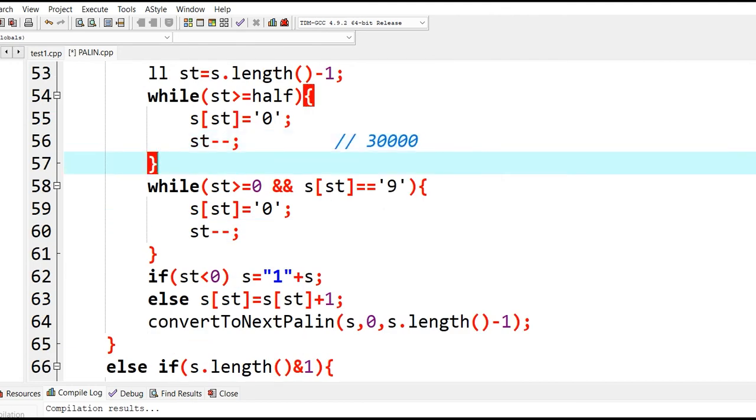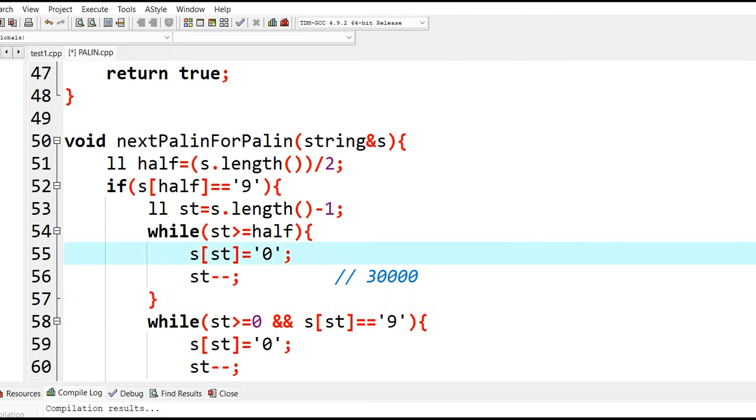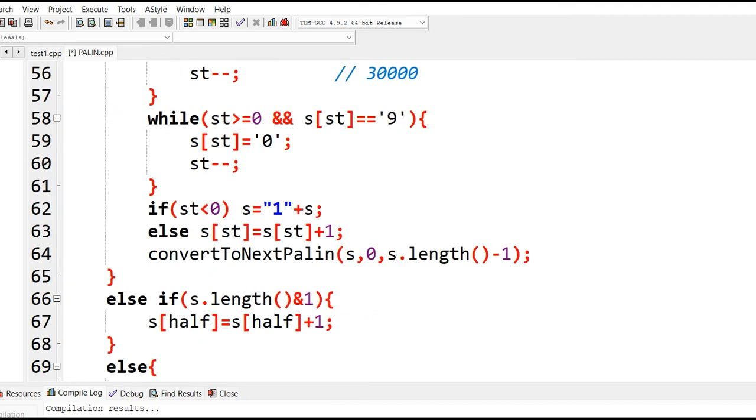If we had all the nines in this string, it will definitely increase in its length. So this is what we check over here, that is, we iterate from the last position until the middle position and make all of them to be 0, and we continue to do it until we find 9, because those positions will get the carry.